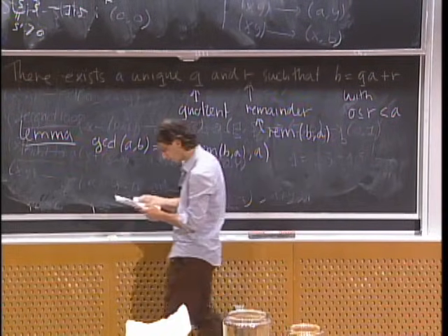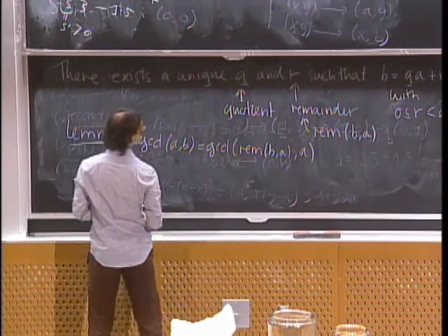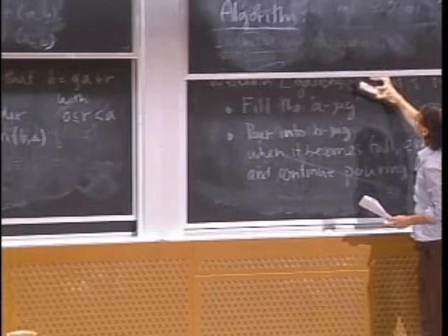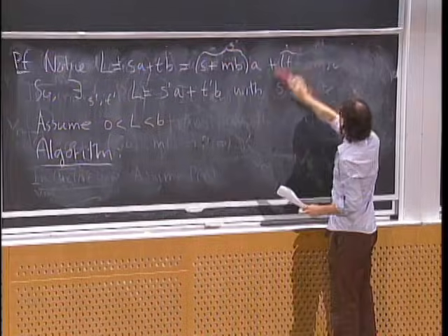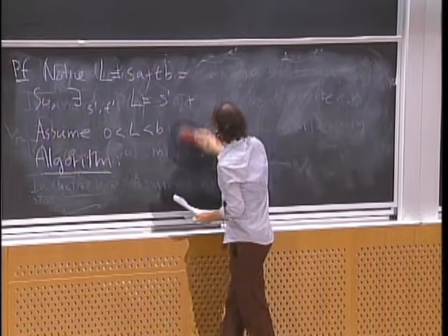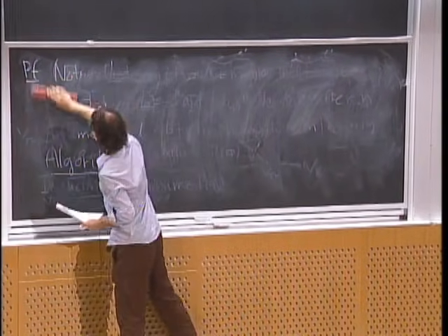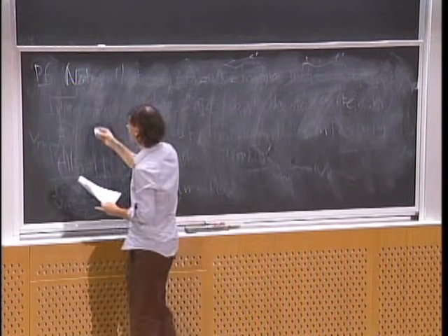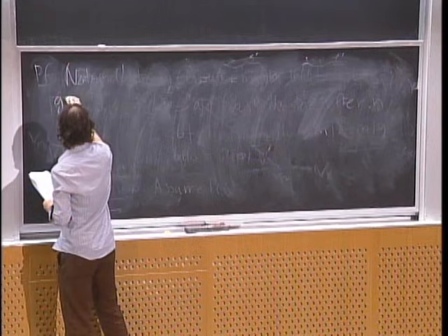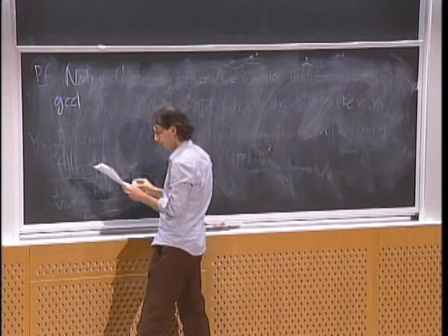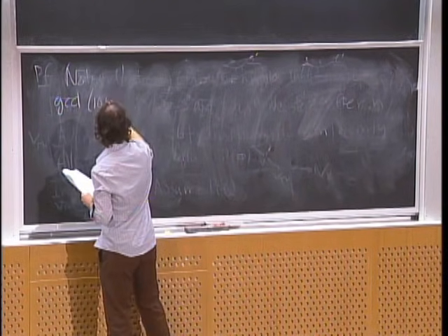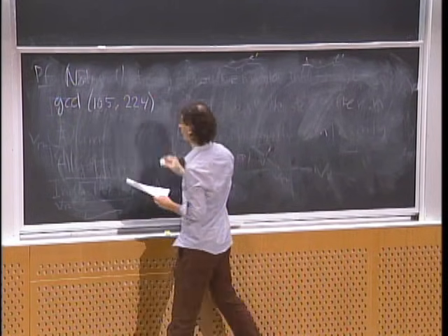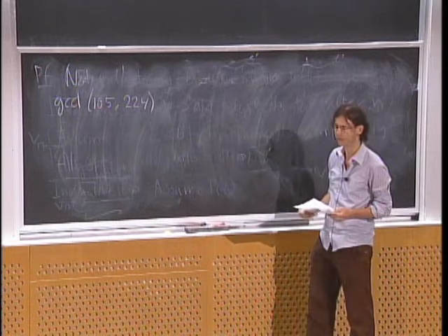For example, let's do it on this whiteboard. Let's see whether we can use this to calculate the greatest common divisor of 105 and 224. So how can we go ahead?